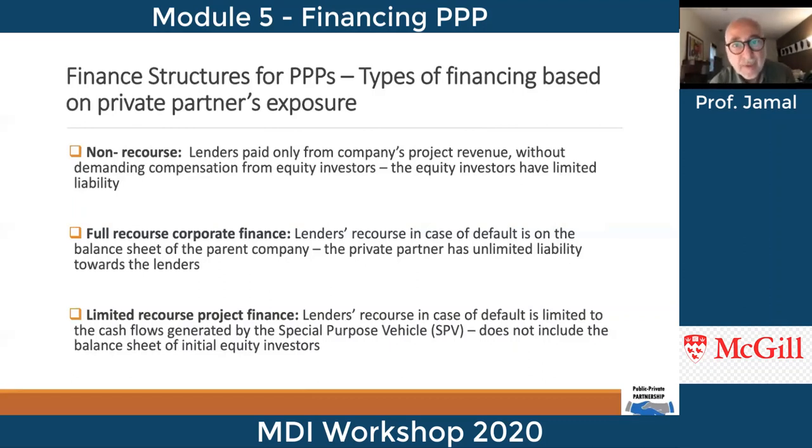However, if the mother company, the holding company overseas, has created the project company, the SPV that we explained earlier, then the responsibility is within the project company and the revenue generated. And that's what we call the non-recourse.